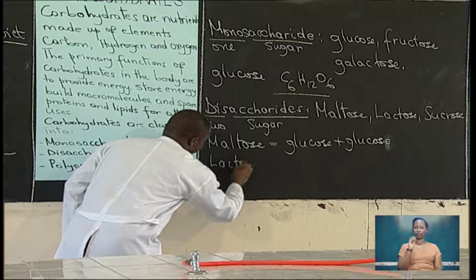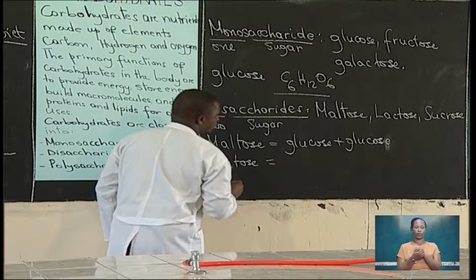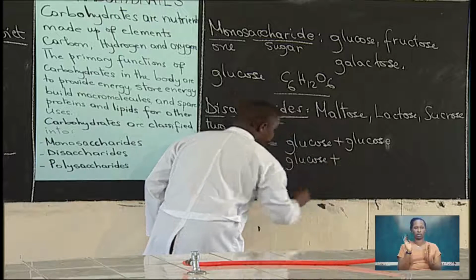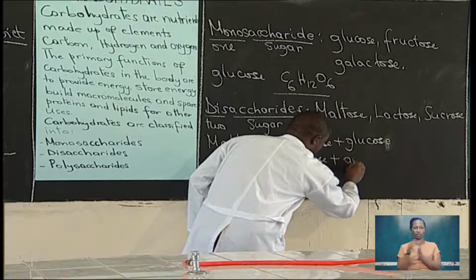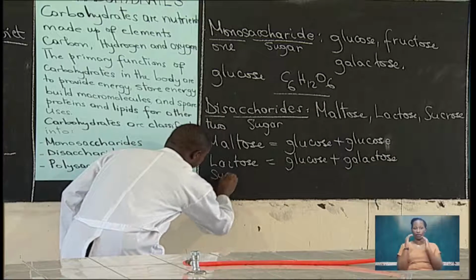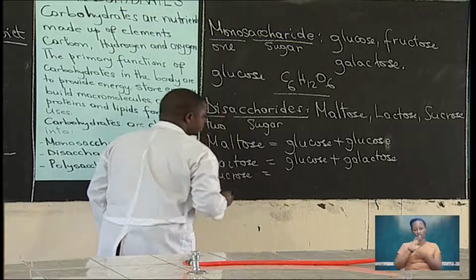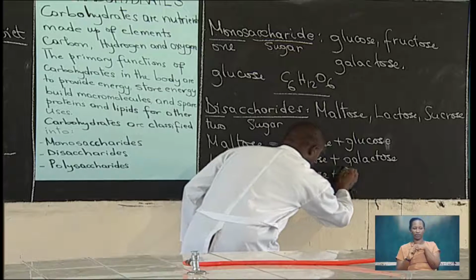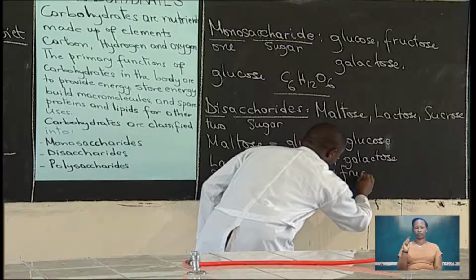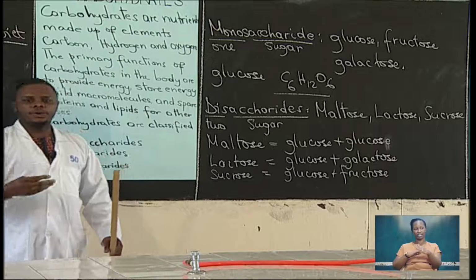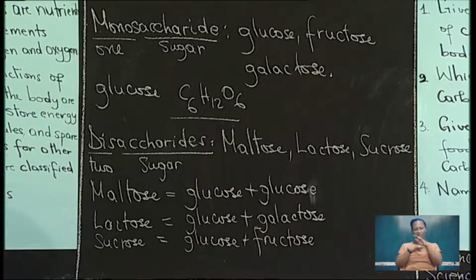Lactose is formed from glucose and galactose. Sucrose is formed from glucose and fructose. All these are formed by the process of condensation, by loss of water.